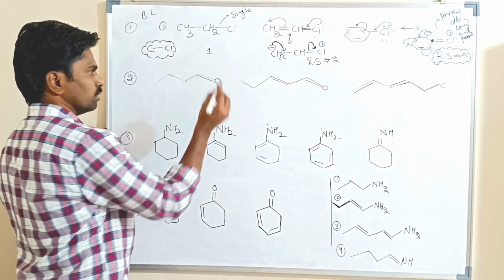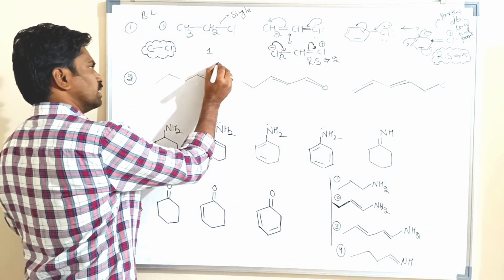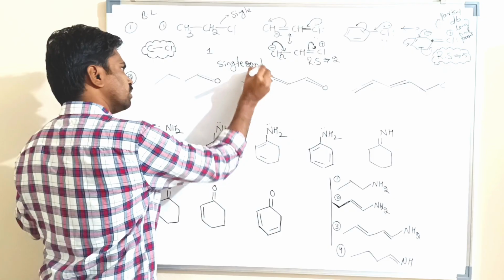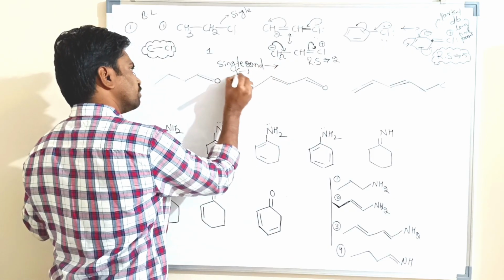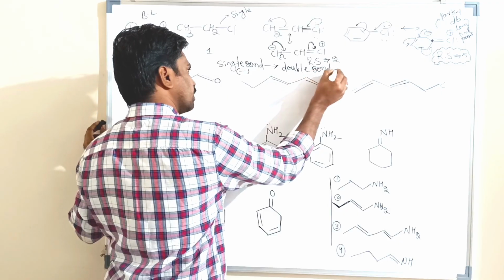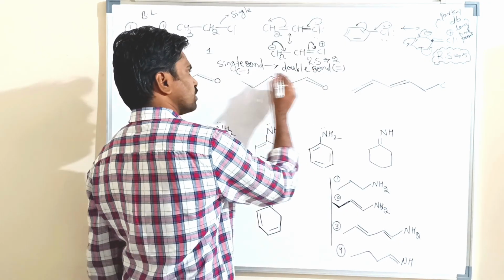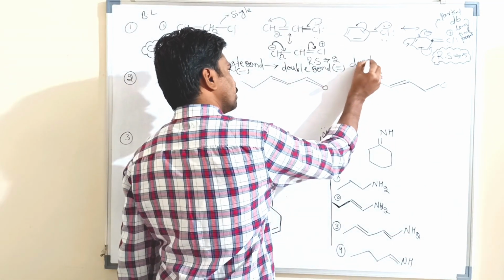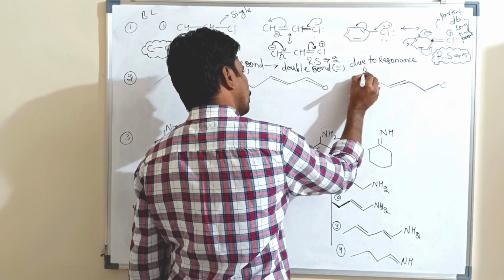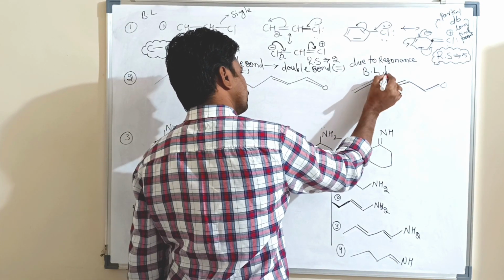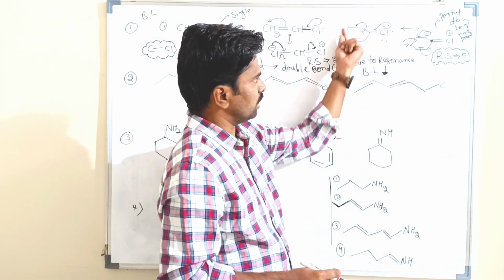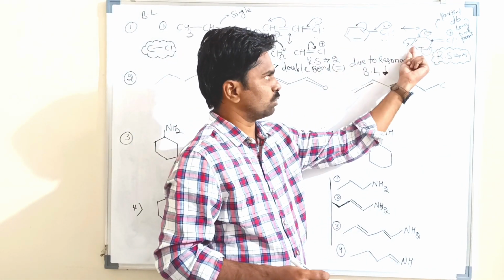First of all, you have to remember these points. A single bond becomes a double bond by resonance, so the bond length will decrease. Here single bonds are getting double bond character, 1, 2, 3.